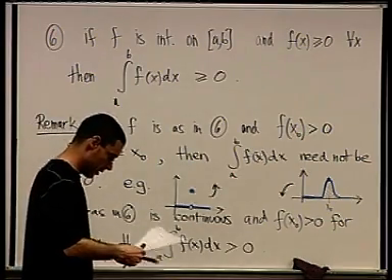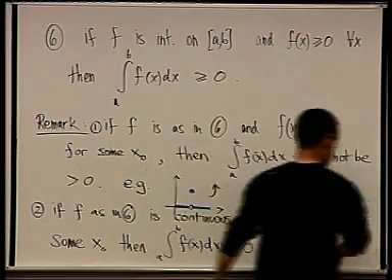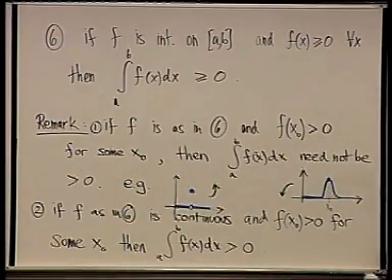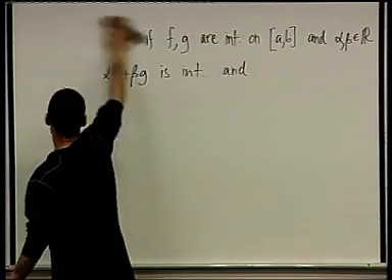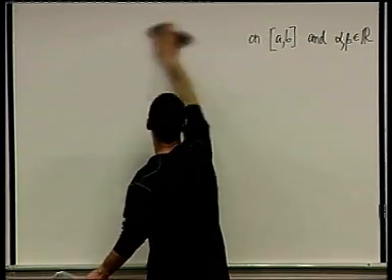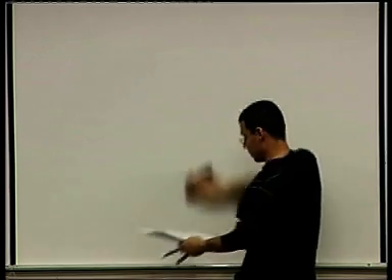Let's move on to number 7. Number 7 is actually a generalization of number 6, and it says the following.